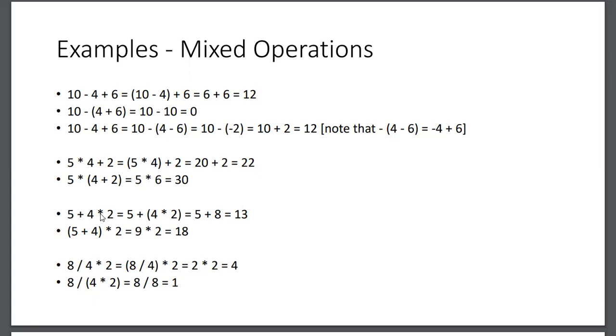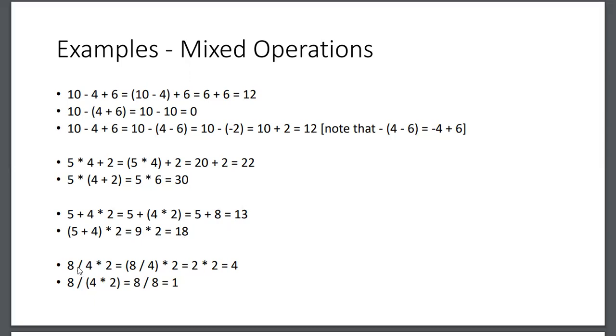Remember our original PEMDAS order, where the multiplication and division have higher precedence than addition. So this is equivalent to 5 plus, grouping this way, 4 times 2, which is 8. 5 plus 8 is 13. If you want it grouped the other way, you have to introduce parentheses, which are the highest priority. They happen first. So that'd be 5 plus 4 is 9, times 2 is 18.